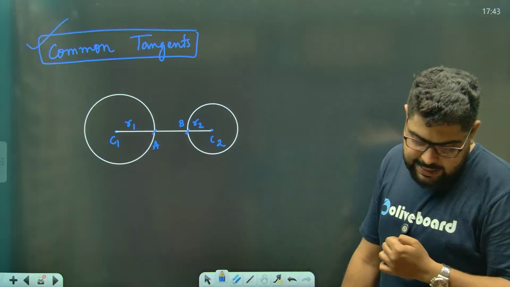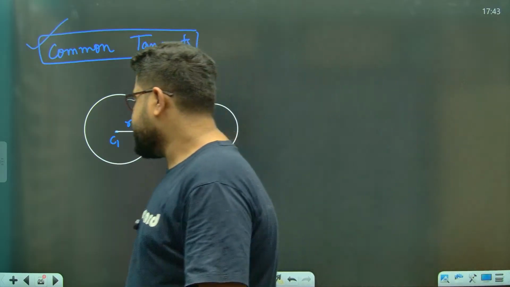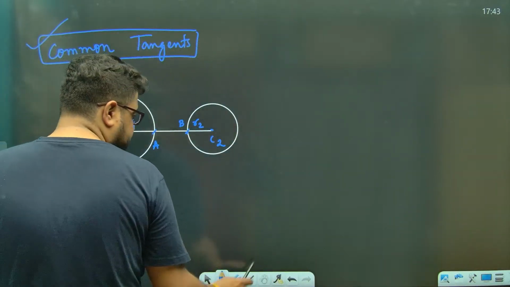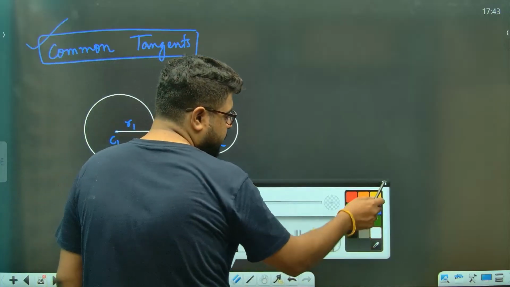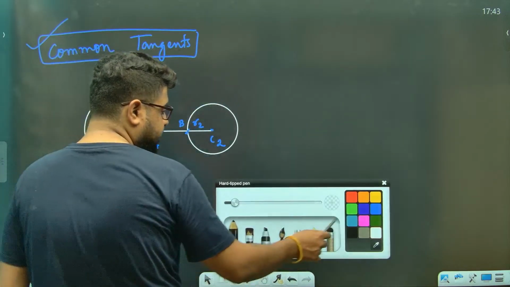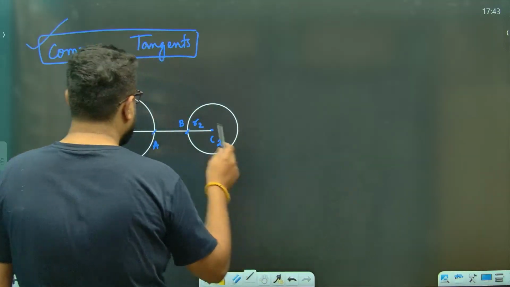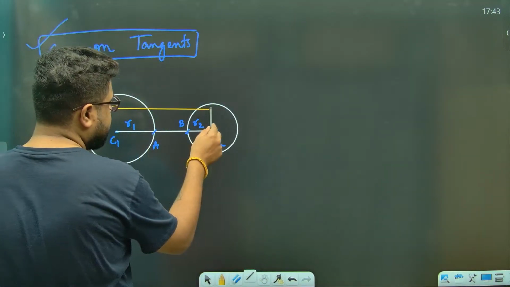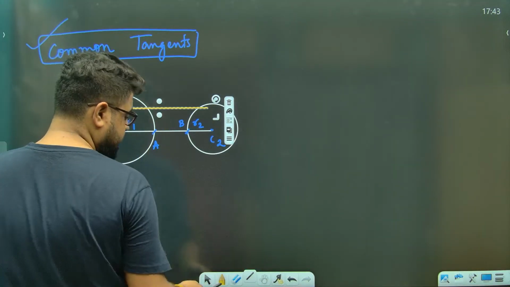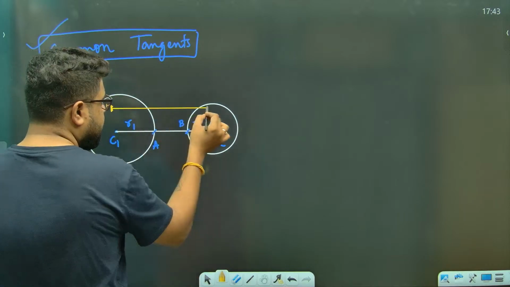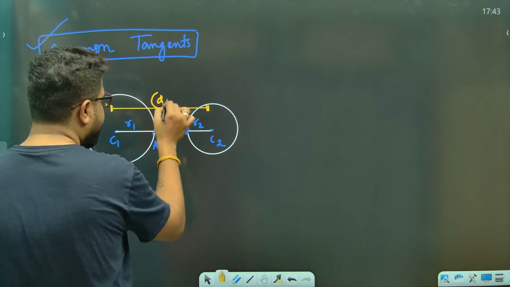Yeah, that's the thing. Okay? Let's see. Now the conclusion that we can draw: the distance between the centers of these two circles, let's say this is D, sir.